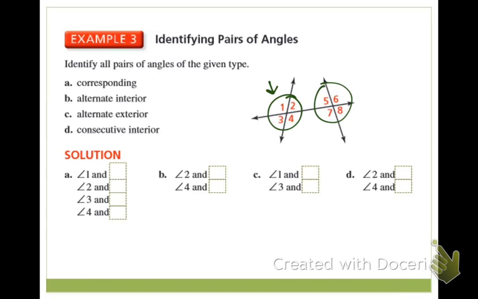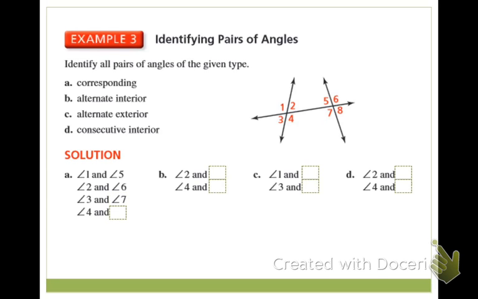So what's in the top left of the other intersection? 5, I agree. So angle 1 and angle 5. Angle 2, what do we think about that one? To the top right. What is also in the top right? Angle 6. I agree. Angle 3 and angle 7. I agree.